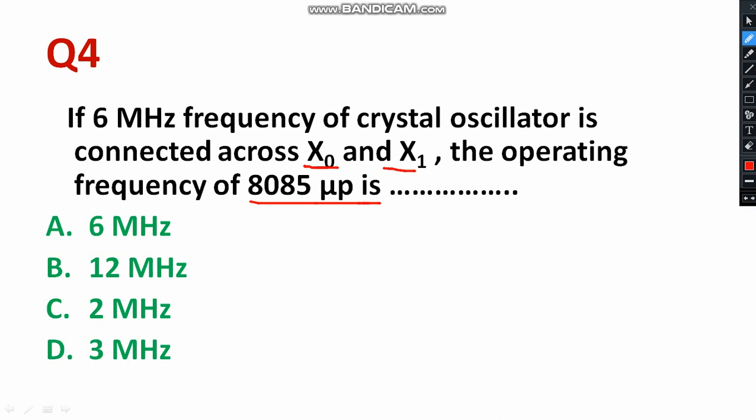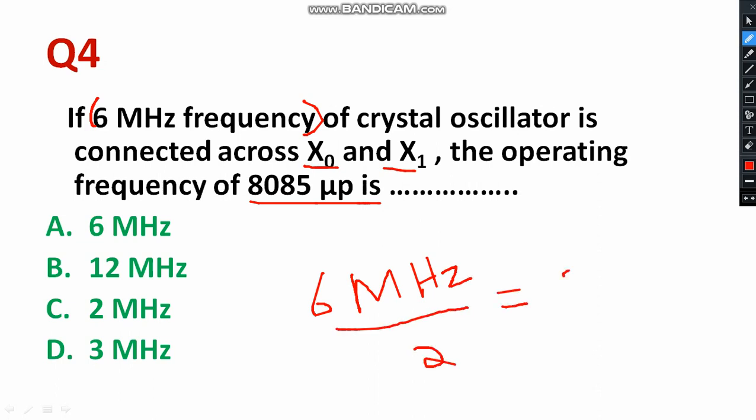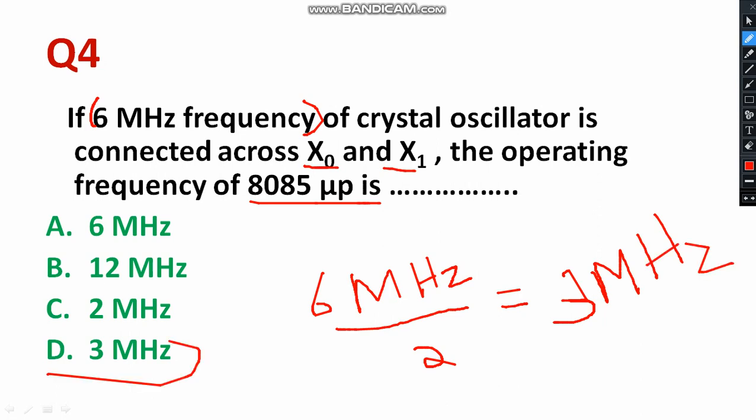In such a case, whatever the frequency given should be divided by 2. That means 6 MHz divided by 2, which is nothing but 3. I have to select 3 MHz. So we can say that your microprocessor will be operating at 3 MHz. So please select option D. Option D is the correct answer.